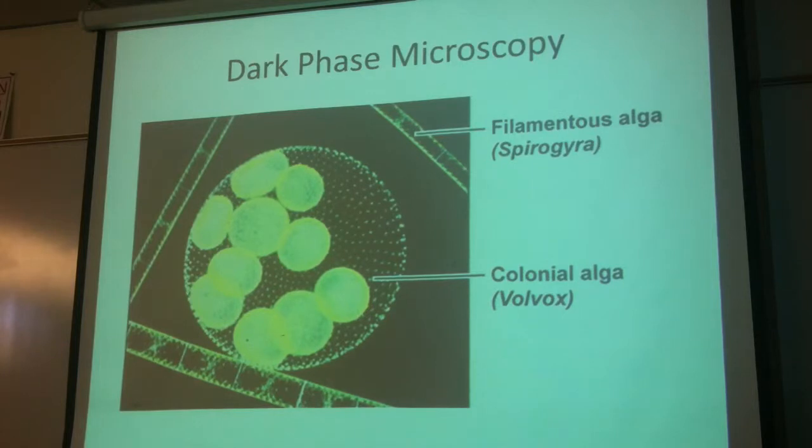Dark field microscopy. So, yesterday we looked at volvox, or hopefully volvox. You saw them as these nice little rounds, and those were very green structures. That's looking at them through a light microscope, but if we were looking at them in dark field, they'd be darker.